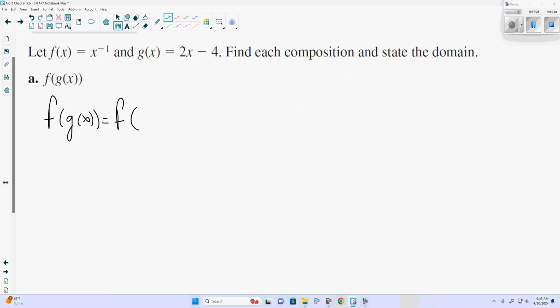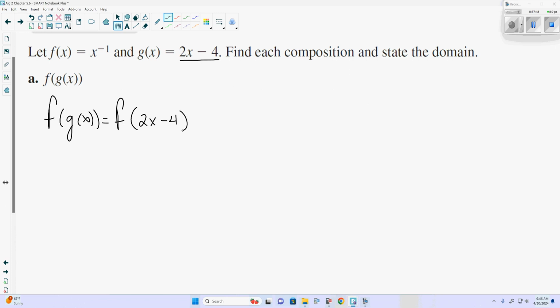F of g of x. Well, what's g of x? Okay, that's nothing different than what we've had.